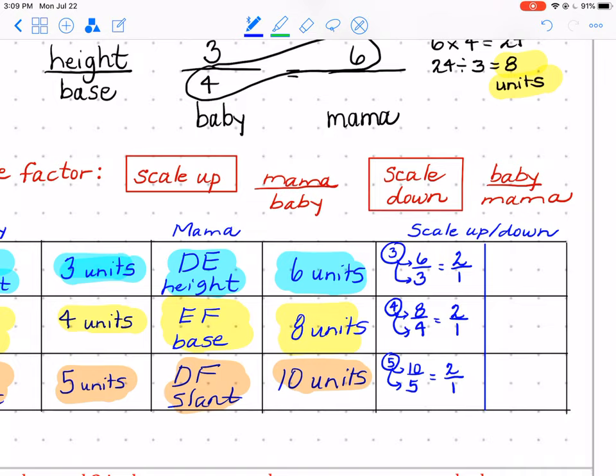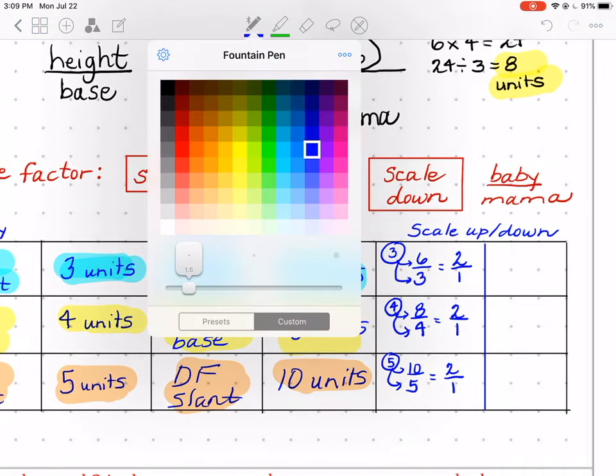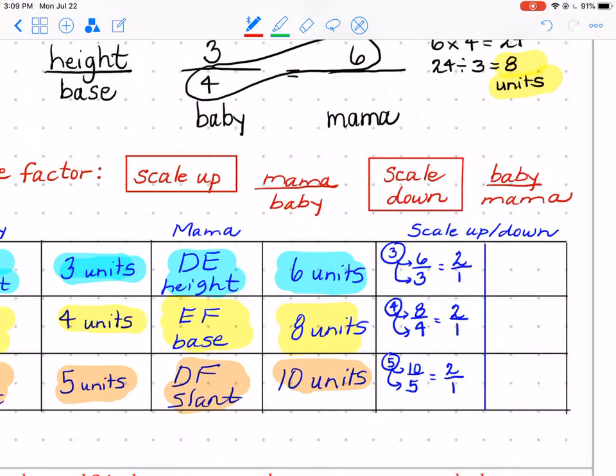To scale down, you put baby on top. So we're going to say 3 over 6. You simplify that by 3, and you get 1 over 2. So baby is half the size as Mama.